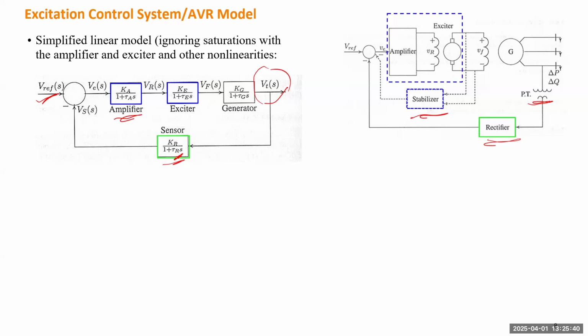The amplifier will determine the gain. Basically, the most important part is this KA, which determines the control gain. This is a proportional control, so it won't be able to eliminate the difference between the terminal voltage and the reference voltage, which means the error signal will never be 0.